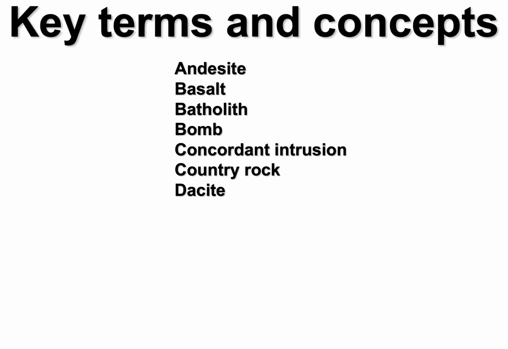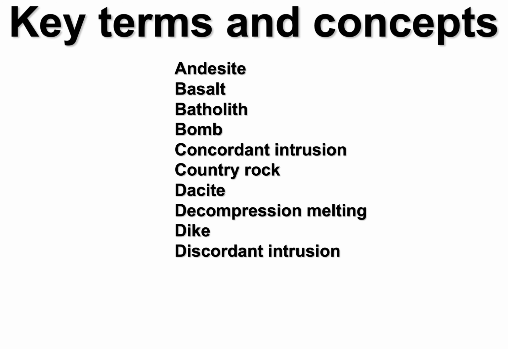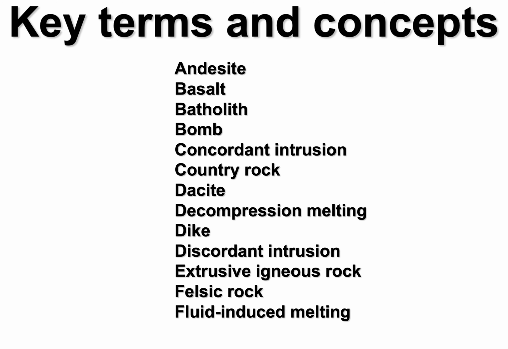I told you also what a dacite is, what is meant by decompression melting. I showed you also the picture where dikes occur and what dikes are. I showed you also what discordant intrusions are. We discussed also the formation of extrusive rocks, of felsic rocks. I told you also about fluid-induced melting, about fractional crystallization, and about gabbros.